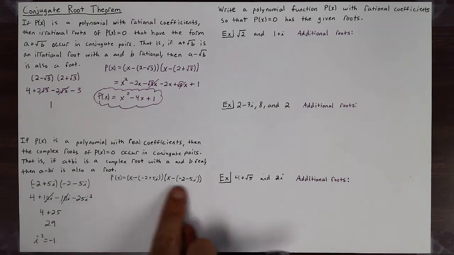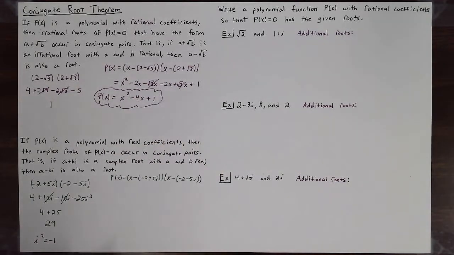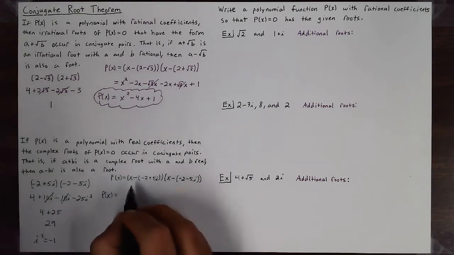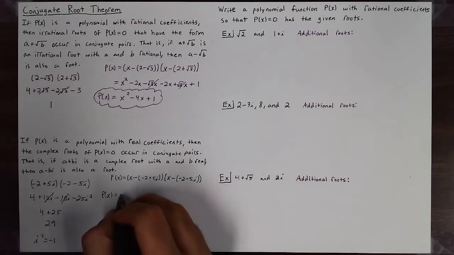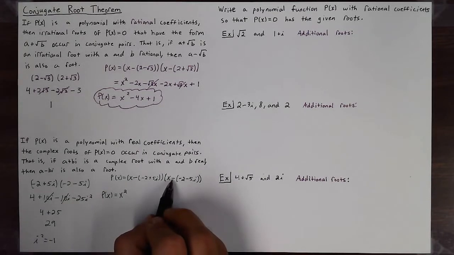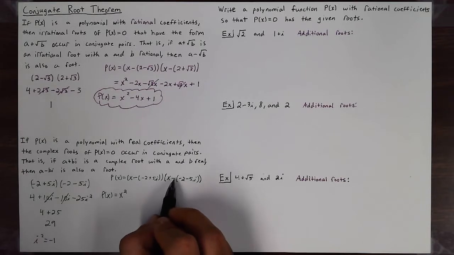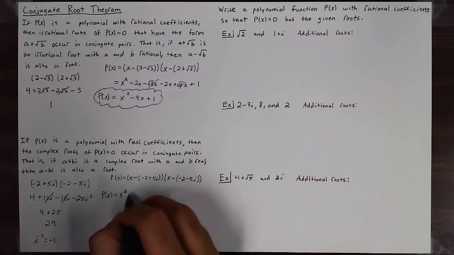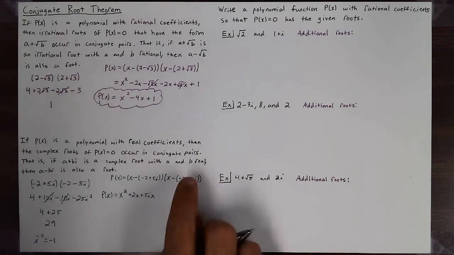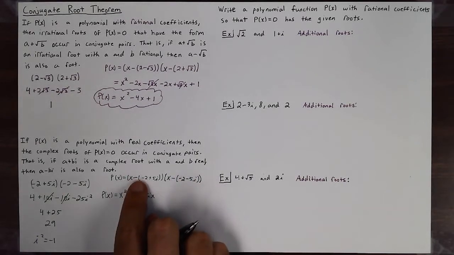And that same thing should happen as factors, just like we saw up top. If I multiply these together, p of x would equal x times x, which is x squared, and then x times negative of negative 2 minus 5i. So that negative distributes and I end up with plus 2x plus 5ix. And over here, I can distribute that negative again.